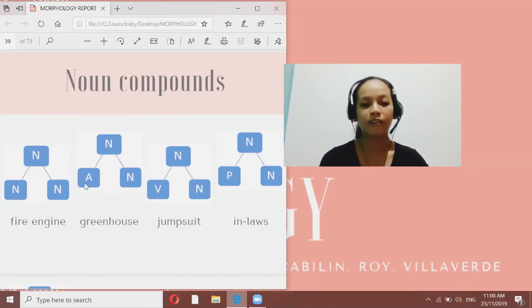But then we also have the adjective and the noun, like greenhouse, blackboard, gentleman, and highway. For the verb and noun, we have jumpsuit, comeback, breakfast, countdown, and chopstick. Lastly is the preposition followed by a noun, like in-laws, overdue, and onset.